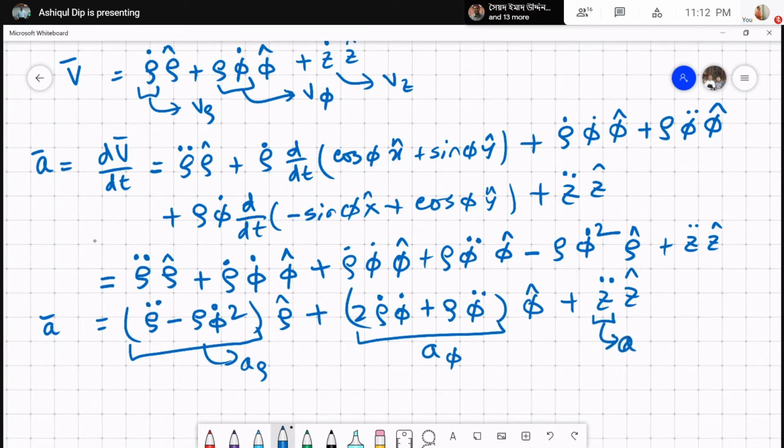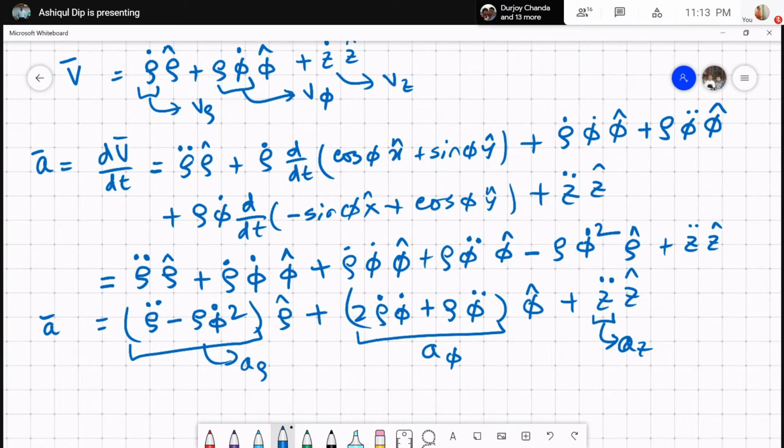So what does it mean? This part, a rho, is the acceleration along the radial direction. So how much it wants to go out of that cylinder, how much it tries to increase its radius. If you have rho double dot positive, but the more angular velocity you have, it reduces that tendency.